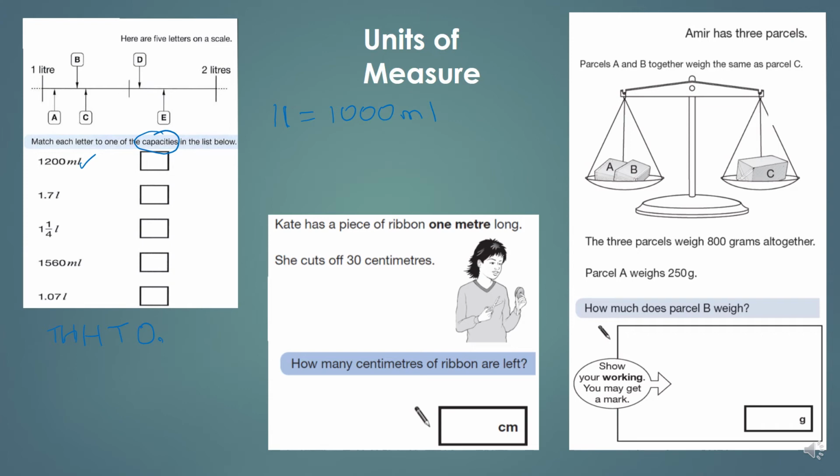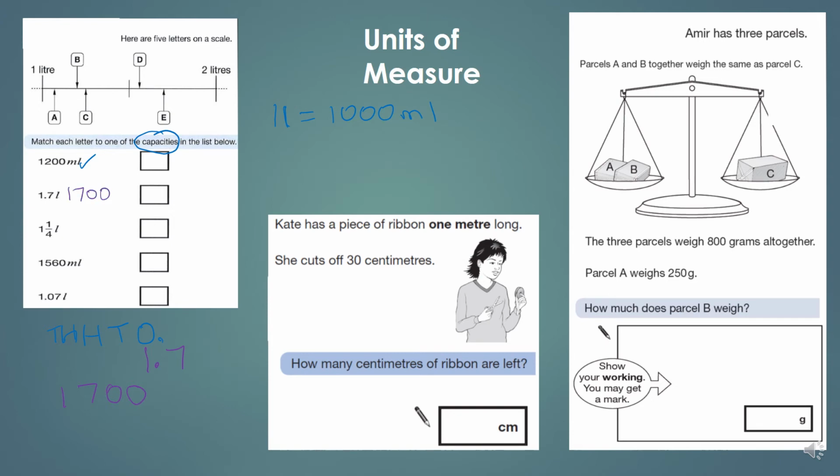I want to change the colour of my pen. Okay, pop 1.7 in, and we'll move it 3 spaces to the left because we are timesing by 1,000. So 1, 2, 3, and we have to hold these spaces with zeros.